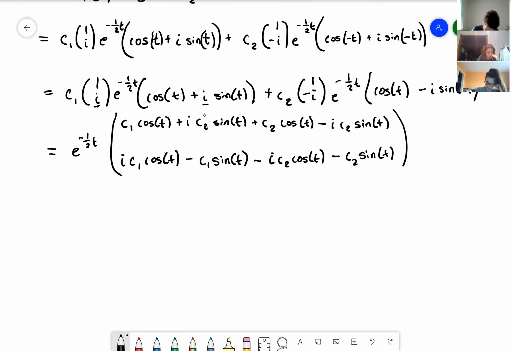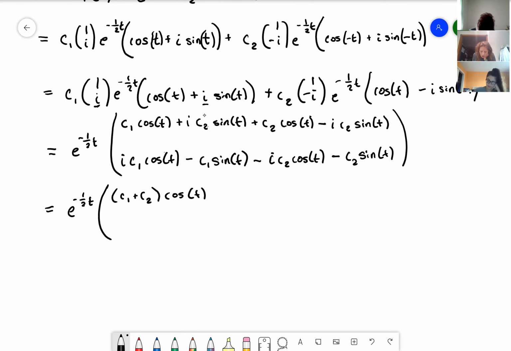Now, what can I do with this? Minus 1/2 t. I'm going to have the real part, c1 plus c2 cosine of t.